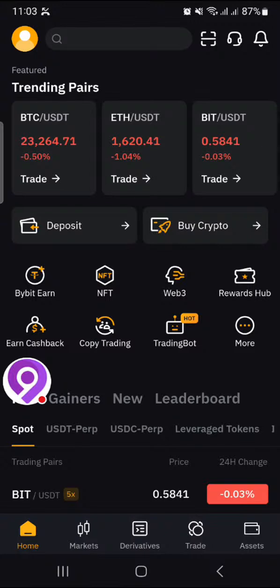Now, what we are doing here is what we call futures trading, understanding how to trade futures. Futures trading is simply this: when the market goes up, you are able to take advantage of the market to make profits, and when the market goes down, you are also able to make profit. So either way, you are in profit. But with spot trading, you are only on one side.